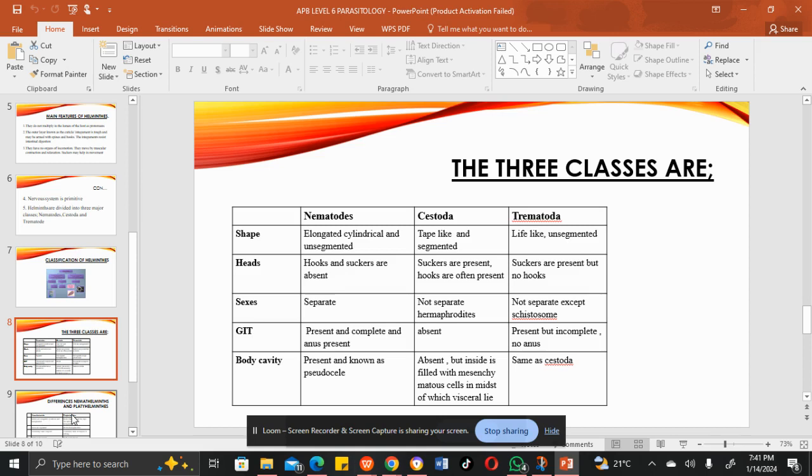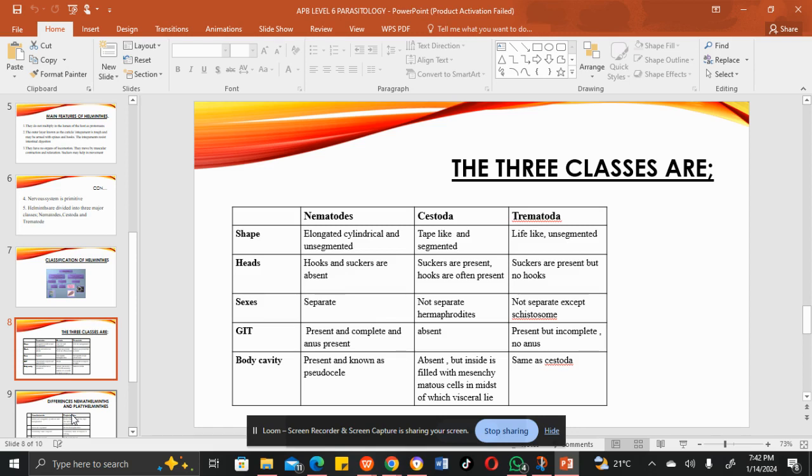The GIT of nematodes is present and complete, meaning they have the anus. Cestodes lack the GIT. In trematodes, the GIT is present but incomplete because they lack the anus.